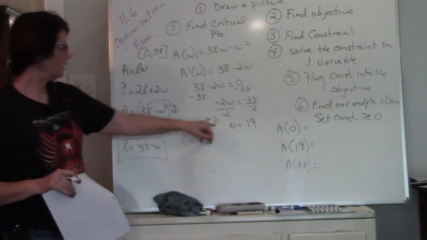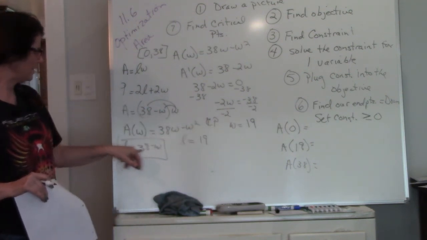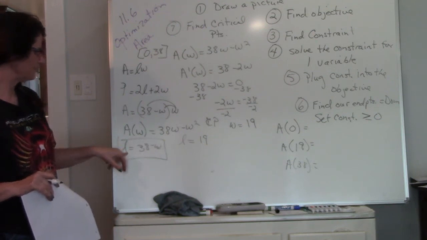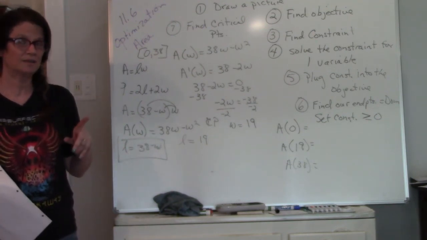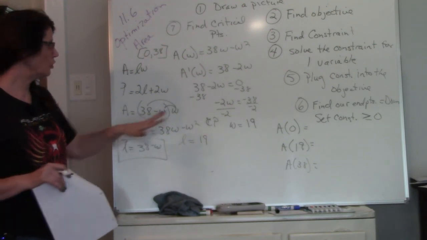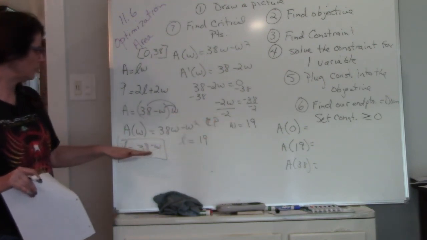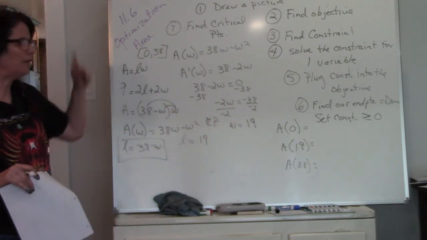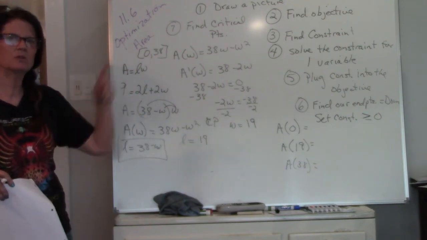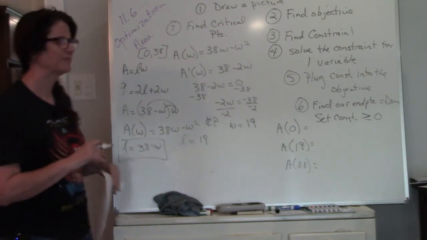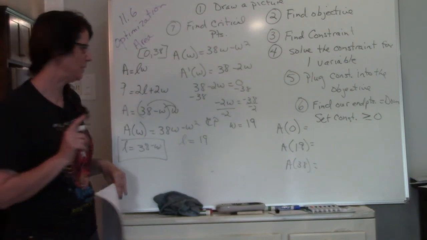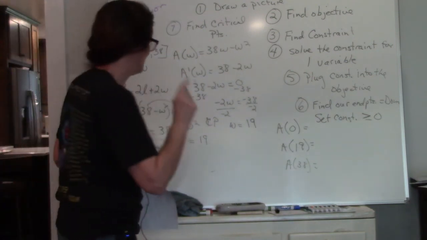And then we plug our critical point back in to find our other variable, and then we're going to check. You have to check. So before you plug your critical point into the constraint, I would check first to make sure that the critical point is going to be the max. A hint, most of the time it is. Most of the time, not always.